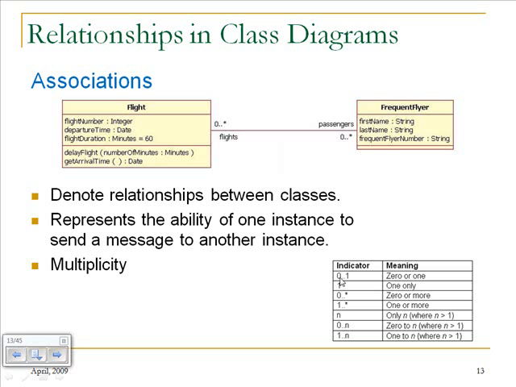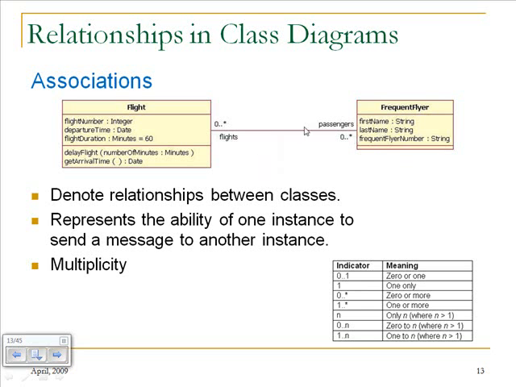If you have a 0, dot, dot, 1, it means that you can have 0 or 1 of that particular entity or class. If you have a number 1, it means that you can only have 1. Okay? That association should only have 1.